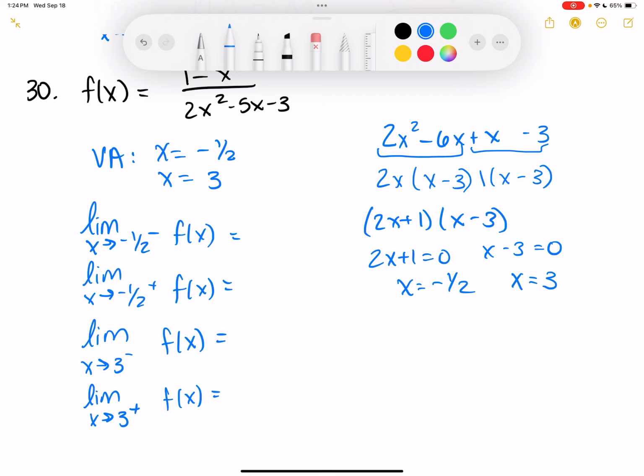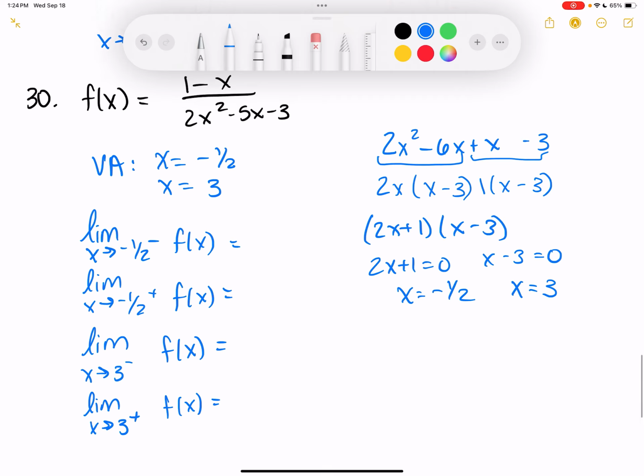What happens when I put in negative 1/2 from the left? Negative, like, 0.6 or something. So all I'm really looking at is the negative x over 2x squared piece.